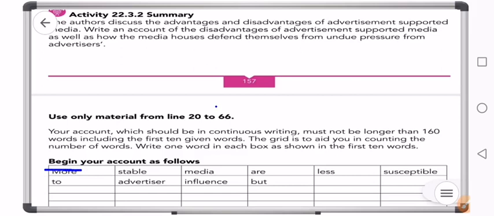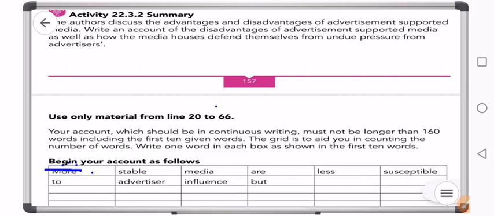Then you write the correct word in front of it. If there is space, you write in front of the cancelled word. Or if the space is not enough in front of the cancelled word, you write above the cancelled word. Please take note of this.